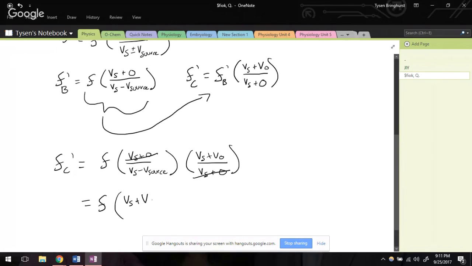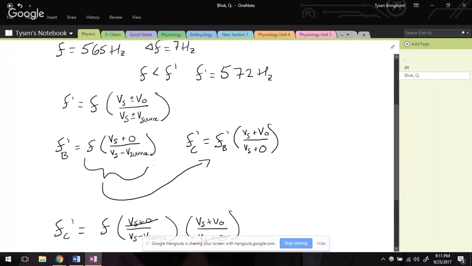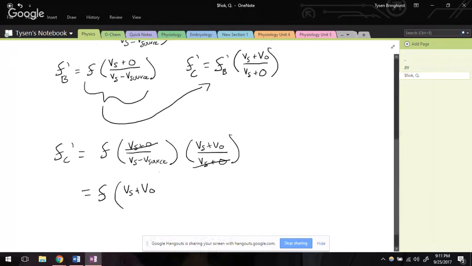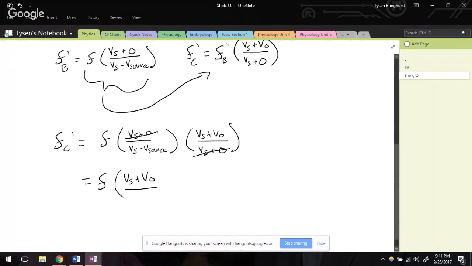Now, velocity of the observer is equal to the velocity of the source, since they are on the same vehicle up here. So we can just use the same variable.